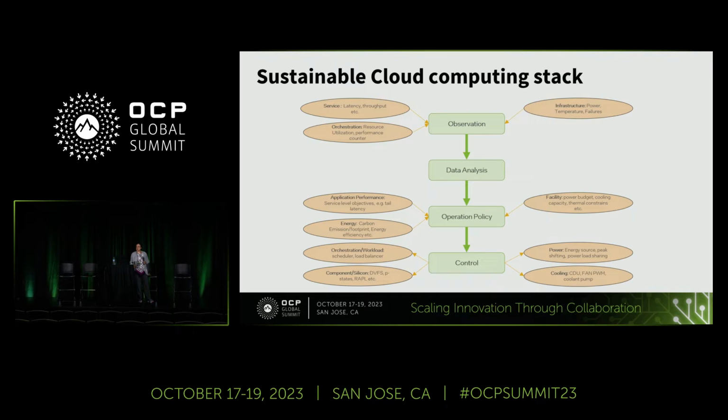So let's look at what Intel is doing in terms of building this complete monitoring and manageability framework from a sustainability point of view. In the previous session in the panel, we heard a lot about telemetry. So what this is saying is the first step to even build or monitor or create an automated data center which does all this is by exposing the right telemetry from your platforms.